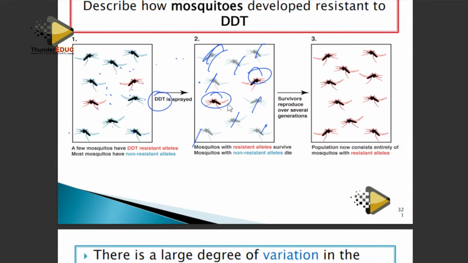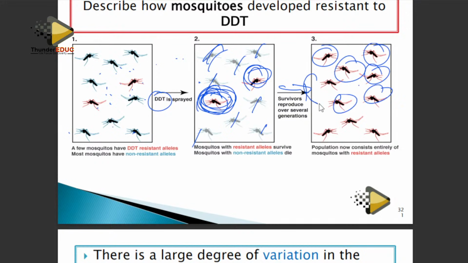Those which are resistant will reproduce in large numbers and pass their allele for resistance to the next generation. So the next generation will have a high proportion of resistant mosquitoes. Therefore, the DDT will become ineffective against the mosquito.